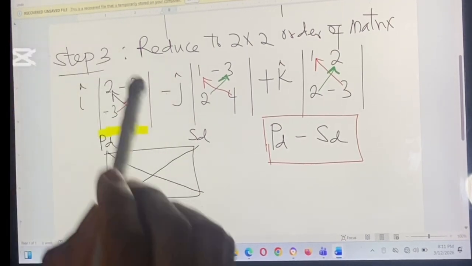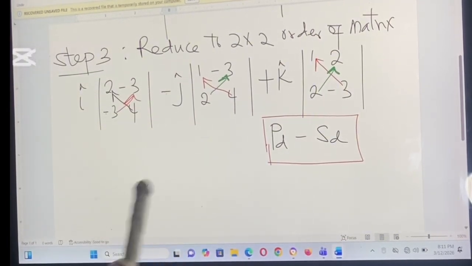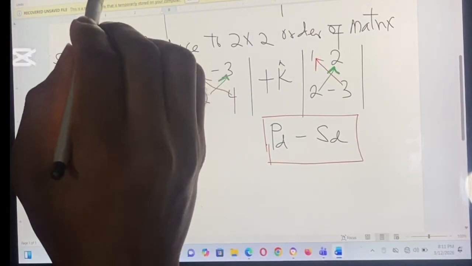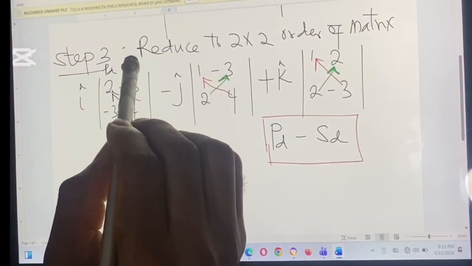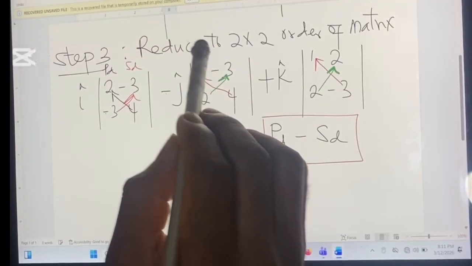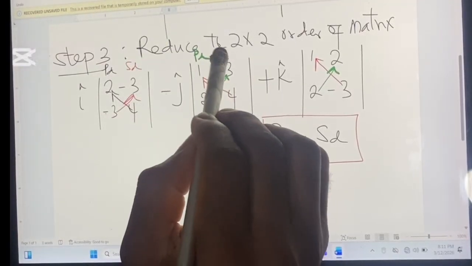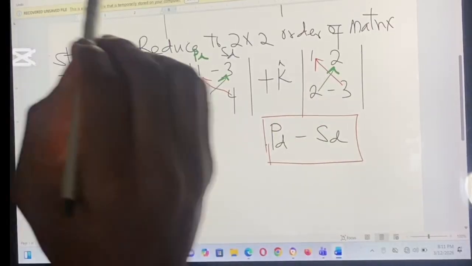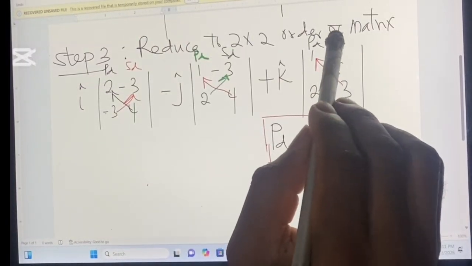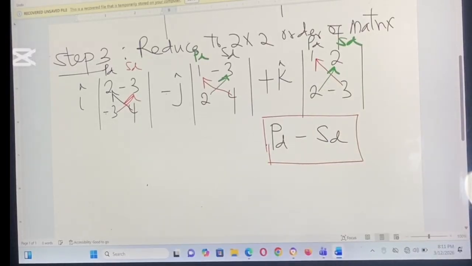When you do that, this is primary diagonal, and this part will form secondary diagonal. This is primary diagonal, this part will form secondary diagonal. So now let's multiply, class.